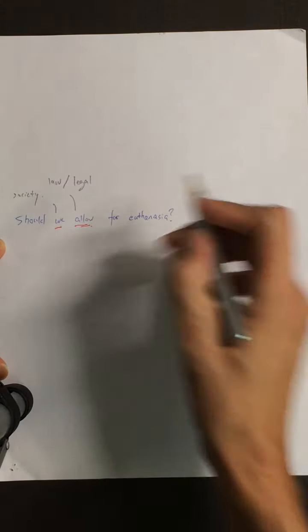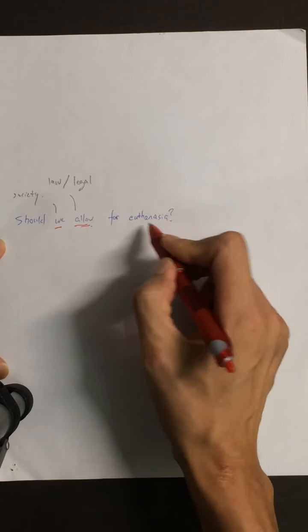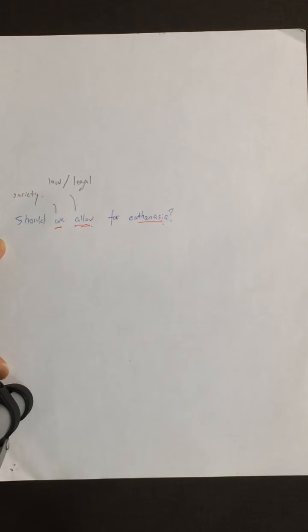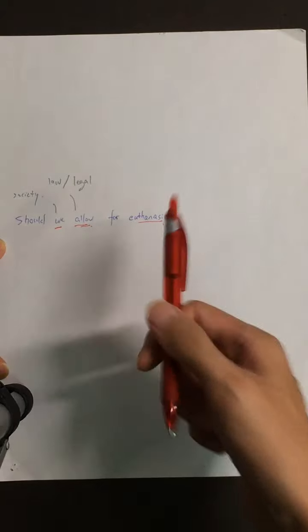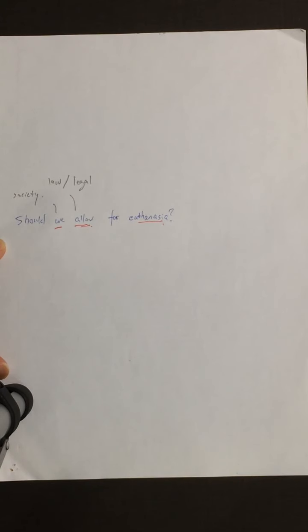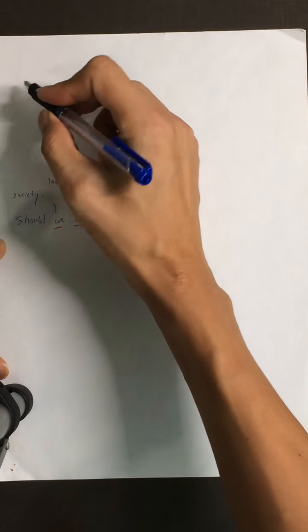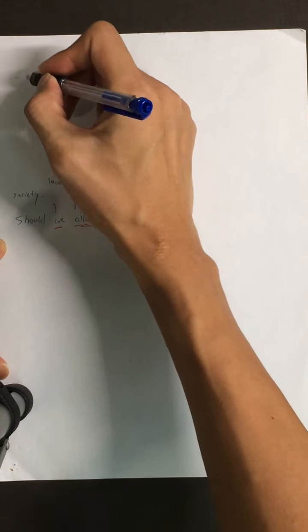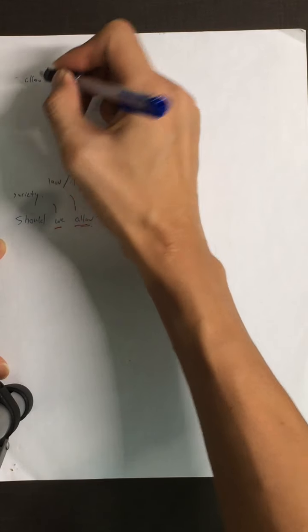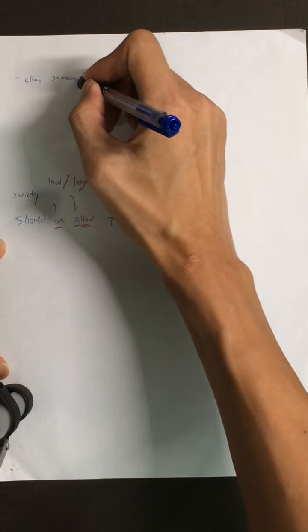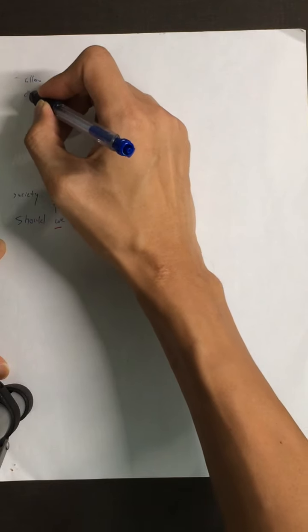And this particular topic has to do with the law. And we know euthanasia. What is euthanasia? That we allow someone to die. So we're going to just make a note: to allow someone to die.